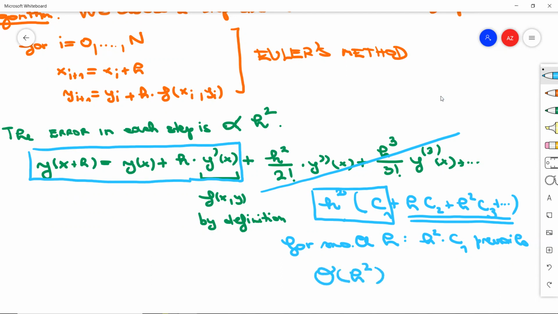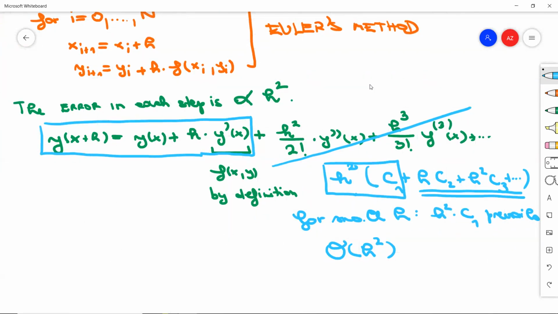This means that the error is proportional to h squared, and the proportionality constant is given, so it's some c. So it exists and it can be determined.